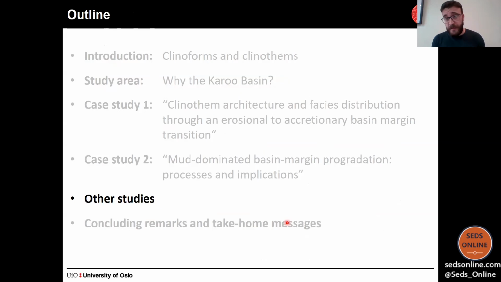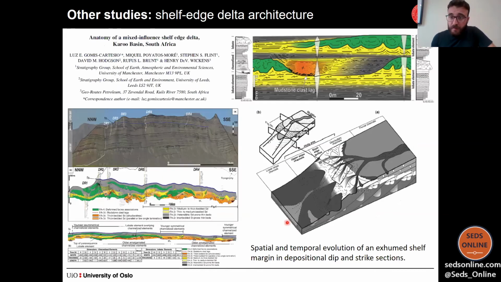So now I will briefly talk about a couple of other studies that we've done about this topic. This is some work that we did in collaboration with Luz Gomes, and this is an example of a mixed-influence shelf edge delta, and this is a detailed work we did on a long strike exposure of this delta. And here we saw evidence that suggests that there is a lot of oversteepening at the shelf edge due to this accumulation of deltaic sandy lobes.